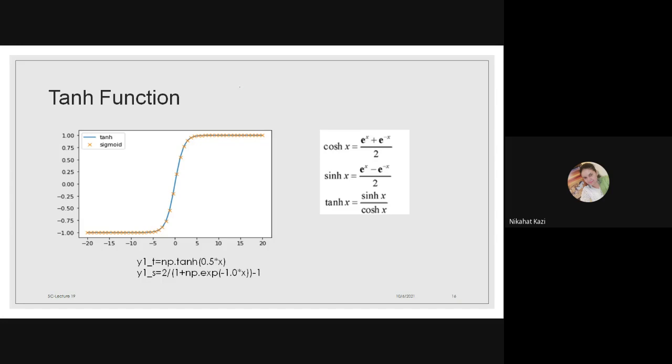These are the exact equations which I have used for plotting these two graphs in Python. You can see the equations. First one is for tanh, where I have used 0.5x. The second one, lambda is 1 only, I have assumed. This is minus 1x. So what is the relationship between the two? Can you guess the relationship?